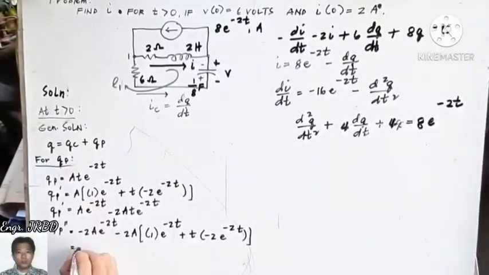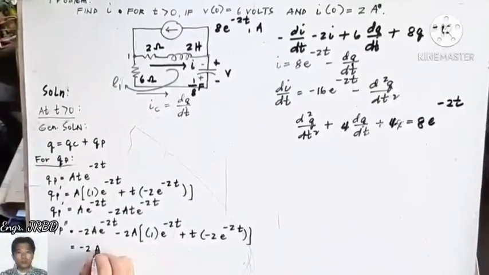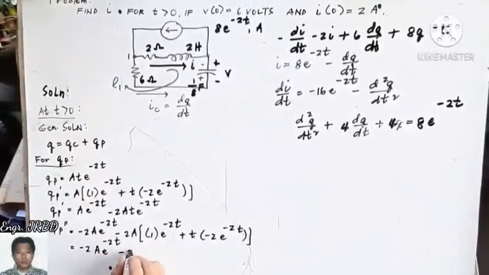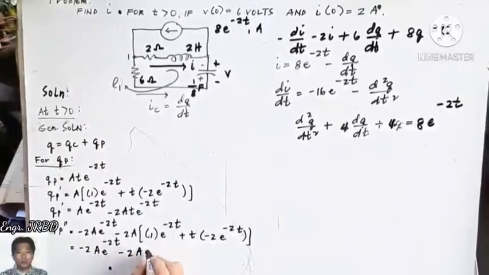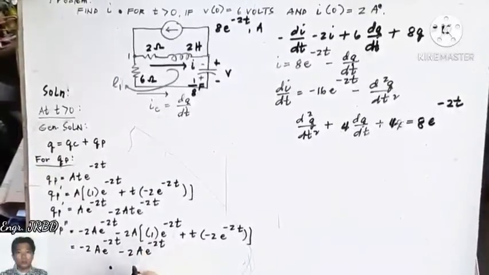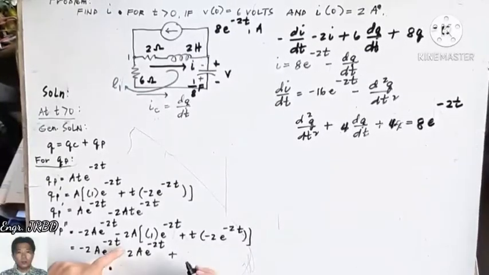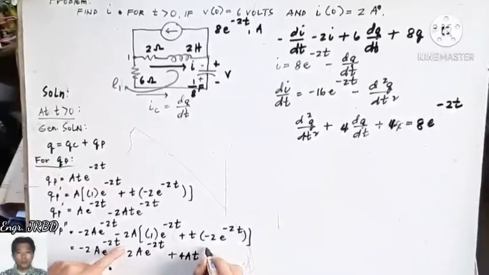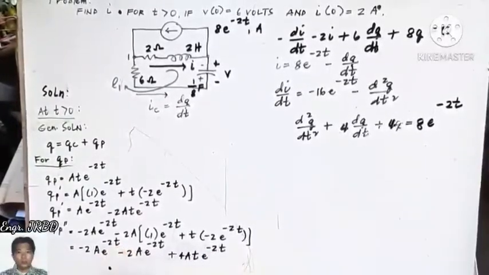So if we simplify, that is negative 2a e raised to negative 2t minus 2a e raised to negative 2t plus 4a times t e raised to negative 2t.